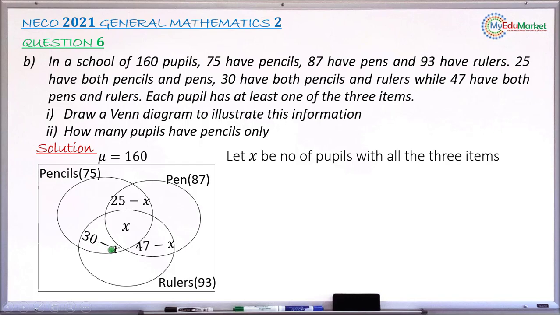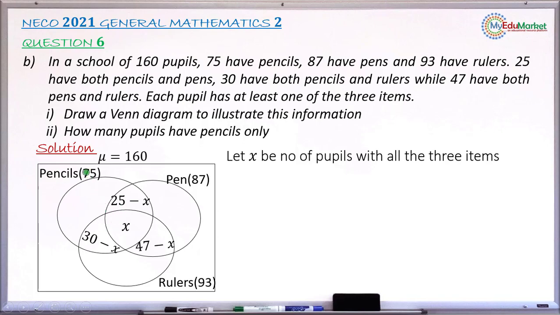I'll continue. So I'll now find how many have pencils only. The circle for pencils is 75. It is 75 pupils that have pencils. Among them, some have pencils and pens, some have pencils, pens, and rulers, and some have pencils and rulers only. So I have to take away these three groups from this 75.